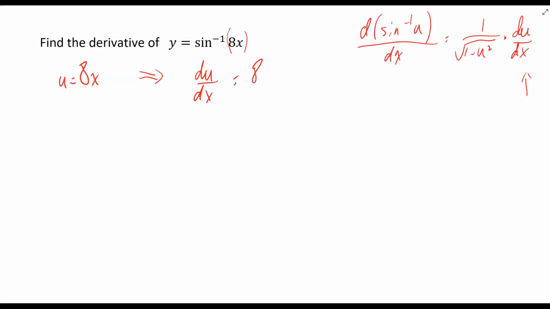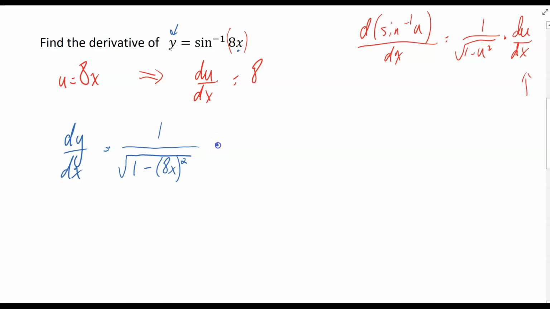Okay, so now we're ready for the derivative. So dy dx, we're finding the derivative of y, the name of our function, with respect to x, will be equal to, and we have to look at the formula, 1 over the square root of 1 minus u squared. So I'm going to put my u in brackets, and that needs to be squared. And that is multiplied by the du dx, which is 8.